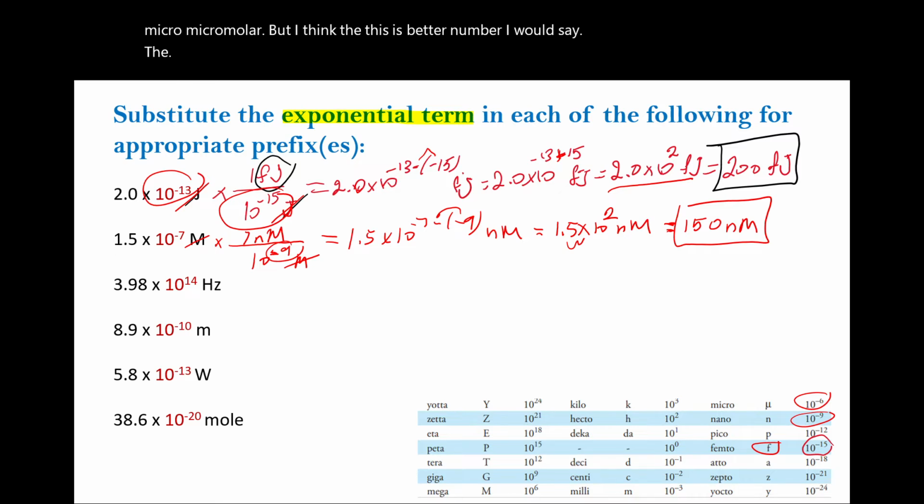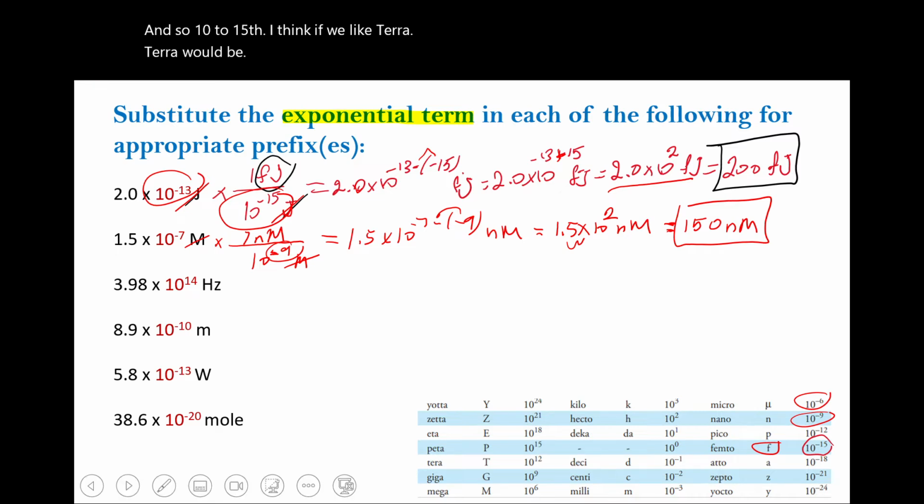So we got 3.98 times 10 to the 14th hertz. That's frequency. And so 10 to 15th, I think if we like tera would be, where is tera? Yeah, here.